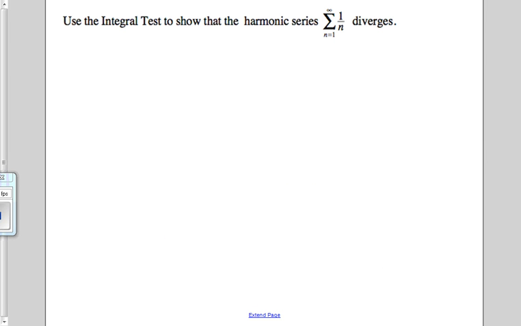Well, let's use that integral test to show that the harmonic series 1 over n diverges. Just to get up what does 1 over n look like? Well, s sub 1 would be 1 over 1, s sub 2 would be 1 over 1 plus 1 over 2.